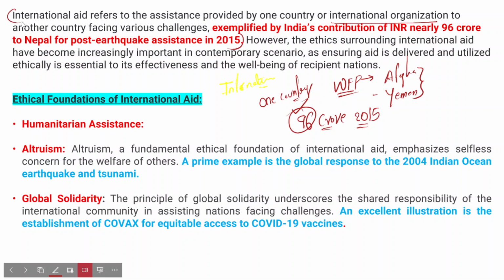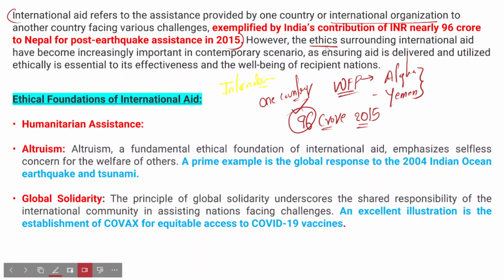Now, in the next part of the answer, this is how you have to link international aid with what has been asked in the question. So, ethics have been surrounding international aid because there is an increasing importance of international aid.